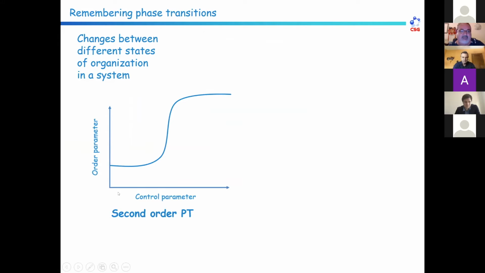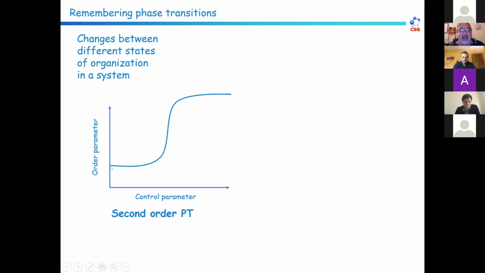Then you have basically two kinds of possibilities. You have a control parameter. In our case, the control parameter is nothing but the coupling strength, and what we defined a few minutes ago, the order parameter by Kuramoto, the R parameter. And you can have either a transition which is continuous, smooth, and reversible, which is typically called a second order phase transition.